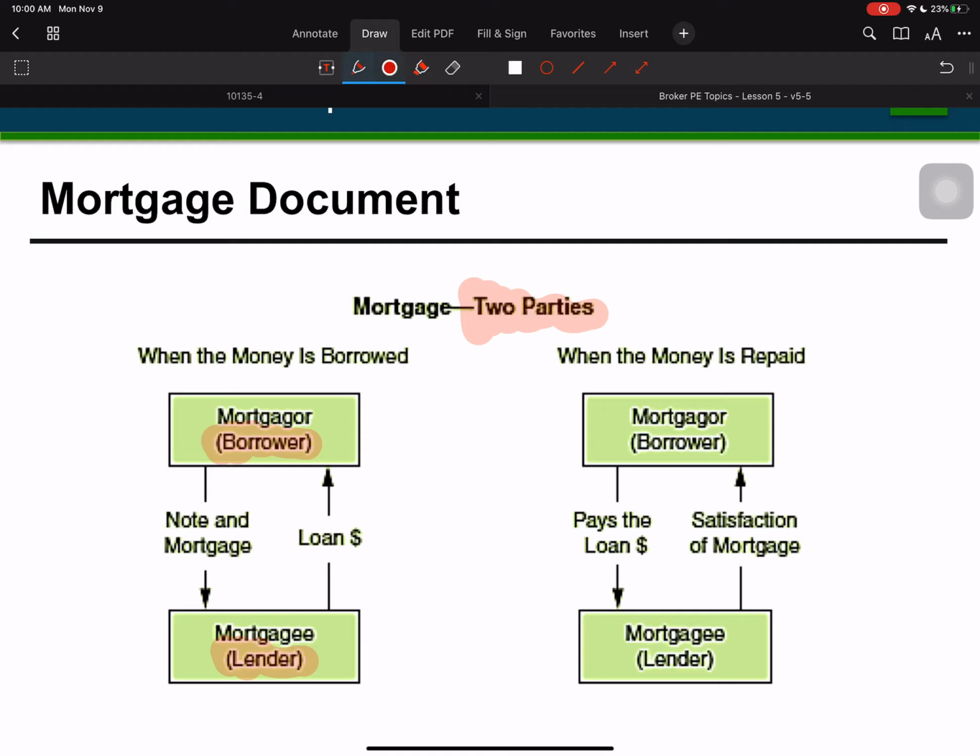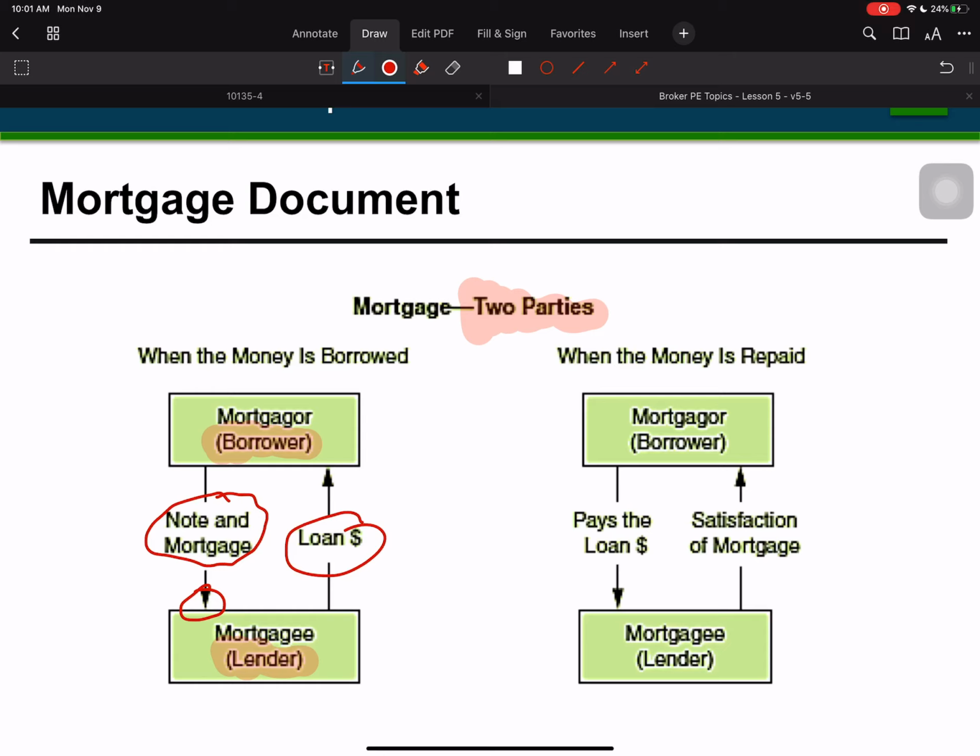So look at what we see here. The mortgagor or the borrower is the one that gives a note and the mortgage to who? The lender. What does the lender give back when they receive a mortgage? They give back the money to purchase the property. Remember the misconception that lenders are the ones handing out mortgages.